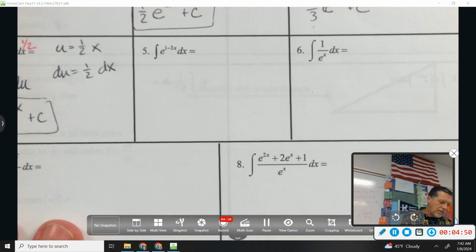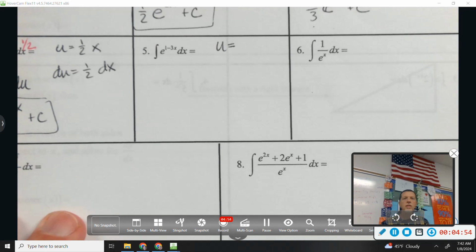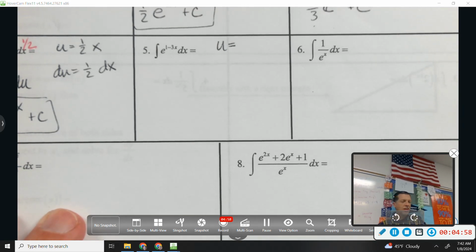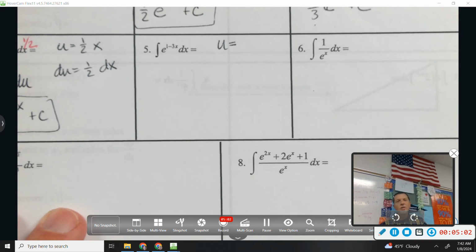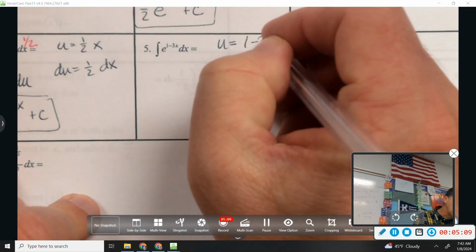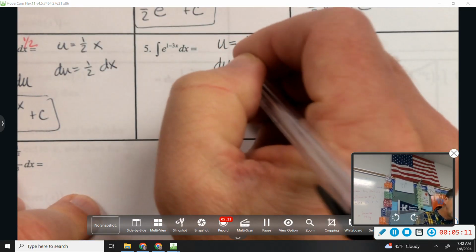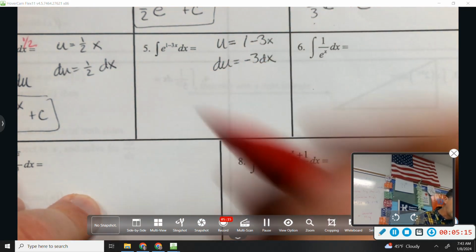How about number 5? What do you think u should be for number 5? Again, the goal on all of these is to get e to the u in there. So what should u be for this one? 1 minus 3x, that would be nice. So du would be negative 3 dx.